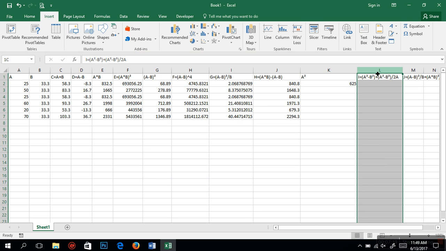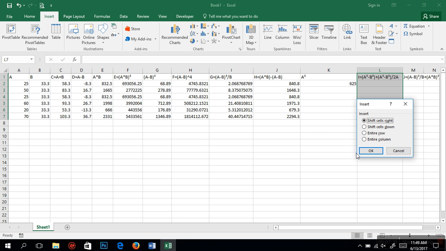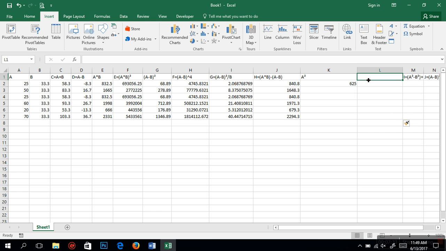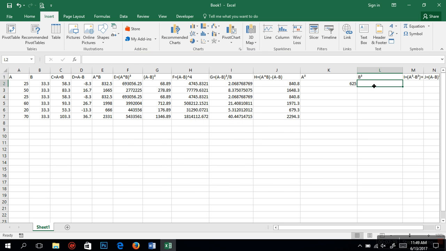We should have another column for b square. Go to symbol, insert, close. That gives us equal to b times b. So we have a square, b squared.